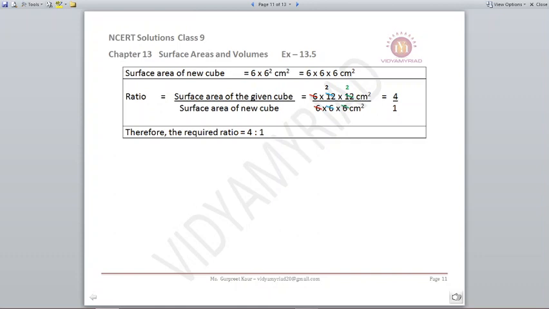I have not written the final answer by solving, because I want to make my calculation easier, since we have to find the ratio and we can easily cut it. So the surface area of the given cube upon the surface area of the new cube, when we do, they all are divisible, and I got the answer as 4 upon 1. So we can say that the required ratio is 4:1.